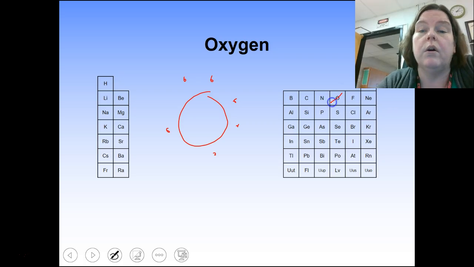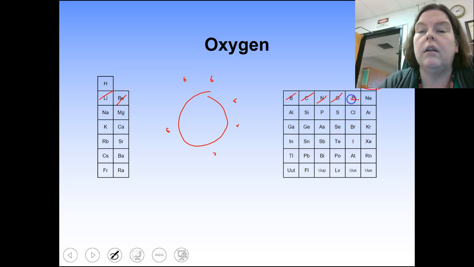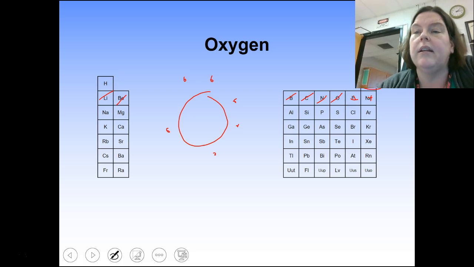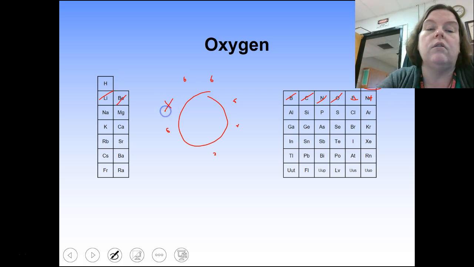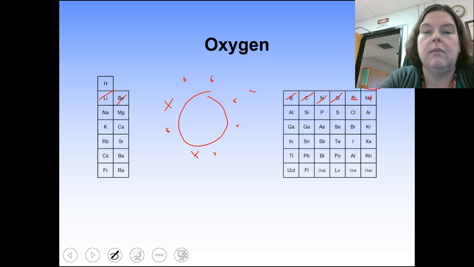Again, it can lose 1, 2, 3, 4, 5, 6 to become like helium, or it can gain 1, 2 to become like neon. This is a no-brainer. It's going to gain the 2, gaining 2 electrons, taking on a minus 2 charge, okay?